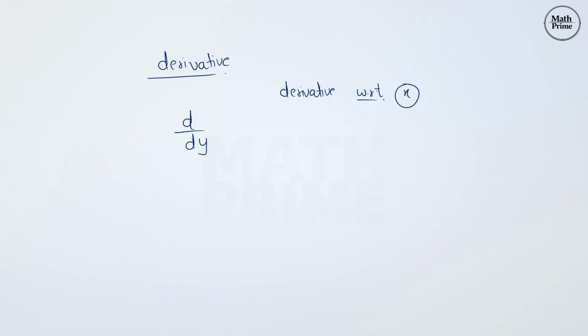The term we differentiate goes in the numerator, and the variable we differentiate with respect to goes in the denominator. Like y is equal to 10x square.